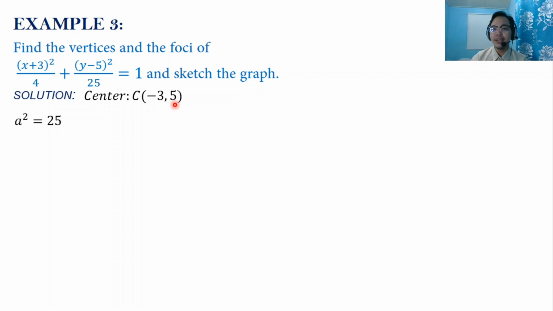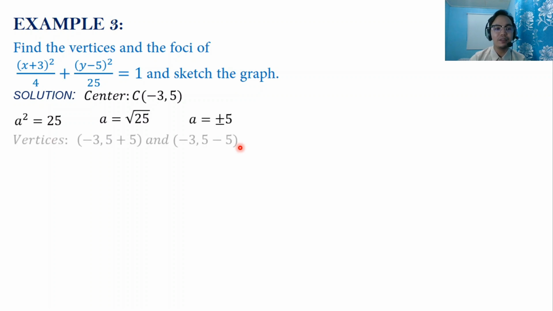Then we're going to find the value of a because we're going to determine the distance from center going to one of the vertices of our major axis. By the way, the major axis is vertical because 25 is greater than 4 and 25 is under y. That's why we have a vertical major axis. So a will be positive, negative 5.